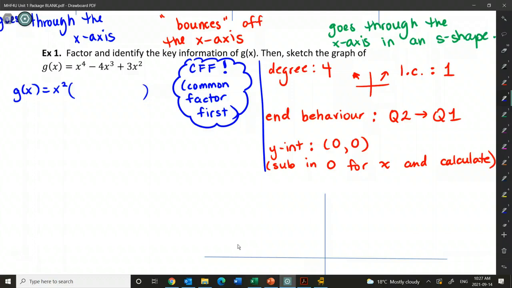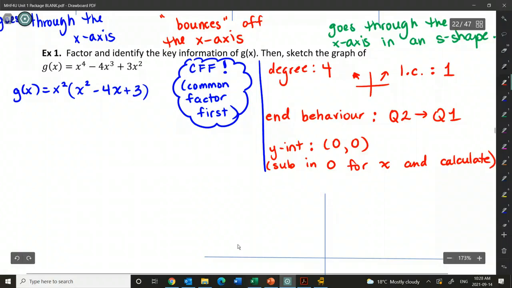If I take out an x squared from 4 x's, I'll be left with 2 of them, so I'll be left with an x squared. If I take out 2 from these 3, I'll be left with 1. And if I take out these 2, all that I'm left with is plus 3 now. Okay, so we common factored first, perfect.